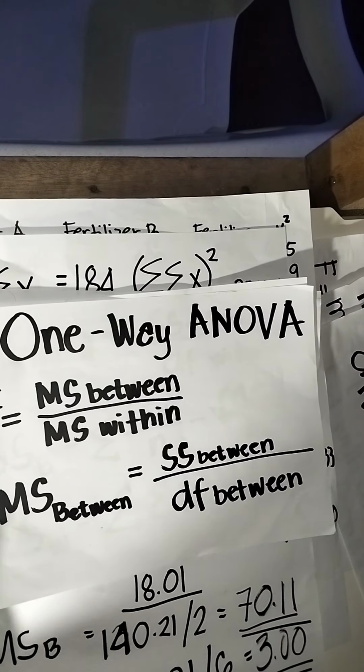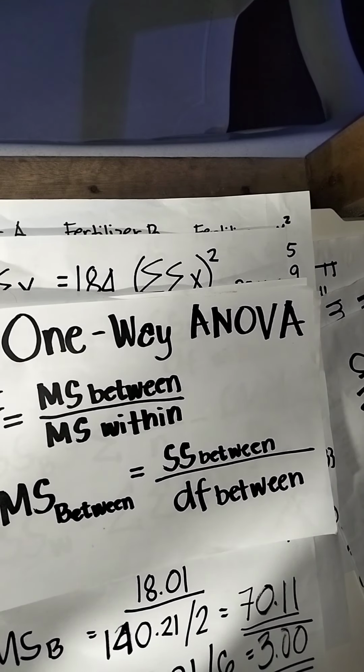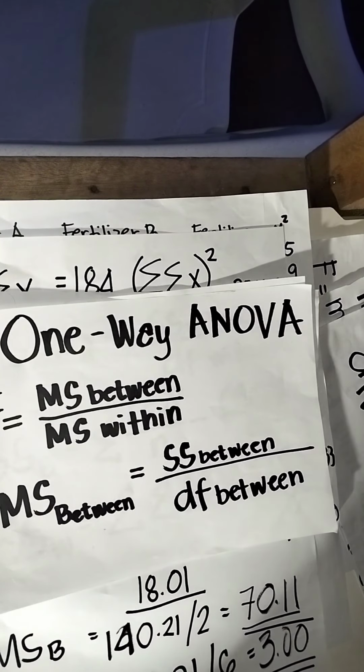Everyone, good evening. I will be discussing the one-way Anova. Before discussing the one-way Anova, when do we use Anova? We use Anova if we have a research question that is comparing variables.